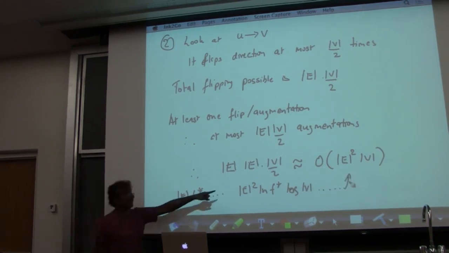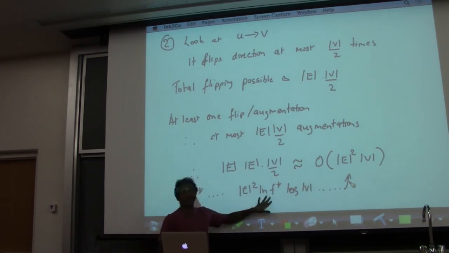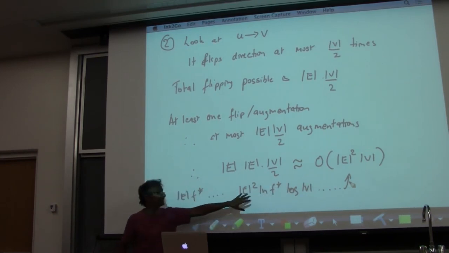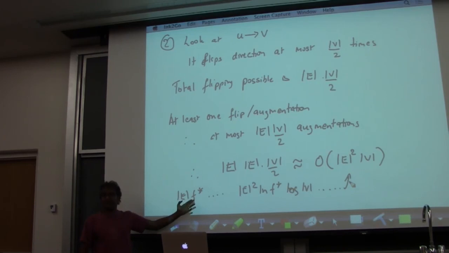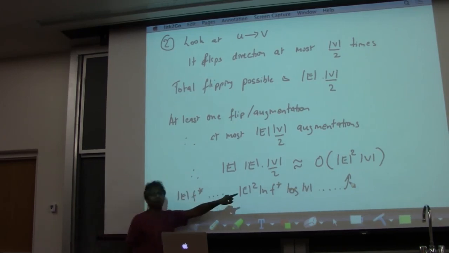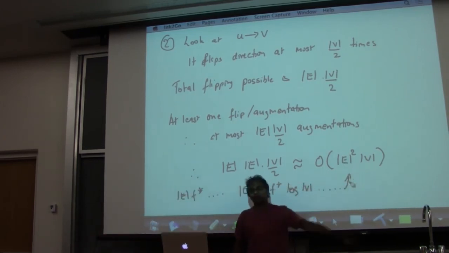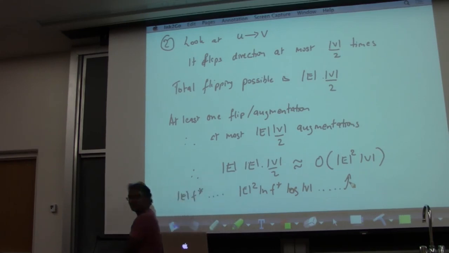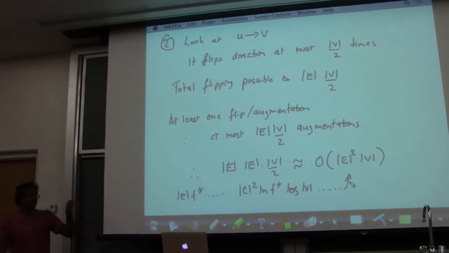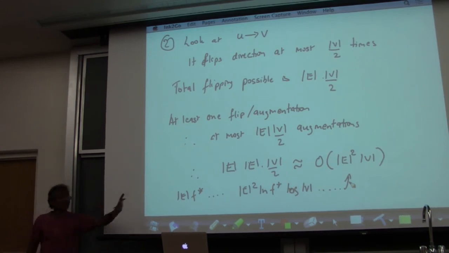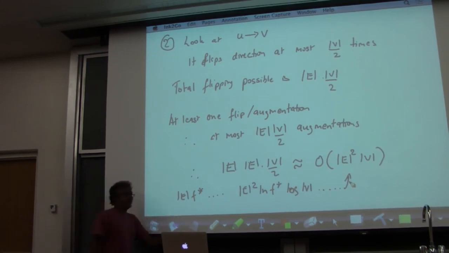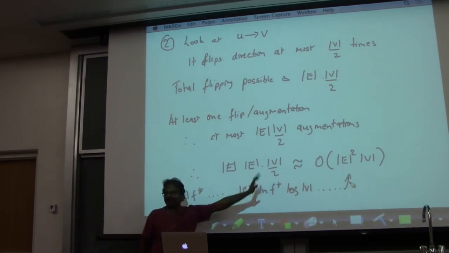So this running time is again worse than this one, depending on how bad F can be. But you get this prediction. Now we've completely eliminated any dependence on the flow. So this would work, assuming you could store the numbers properly, even if you had irrational numbers. It doesn't care.